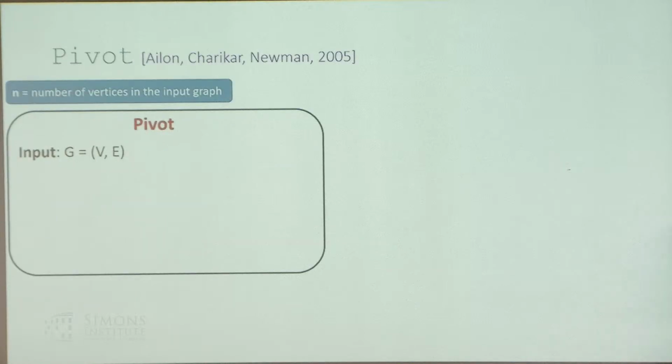Okay, let's go to pivot. The algorithm is as follows. You get this graph G, and again, in the language of the first slide, the set of vertices are those objects. E is the set of edges, where there is an edge between two objects if and only if they are similar. Here is what pivot does.